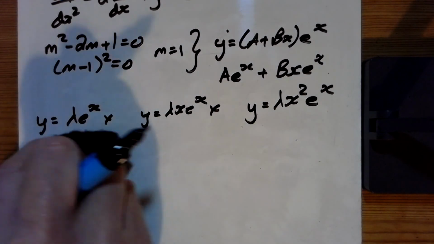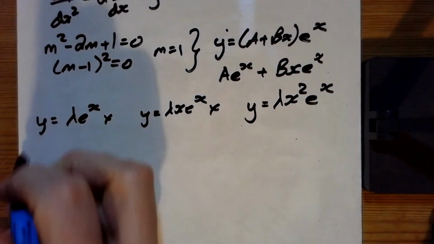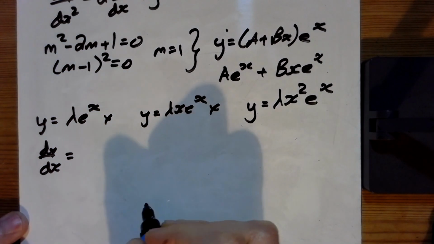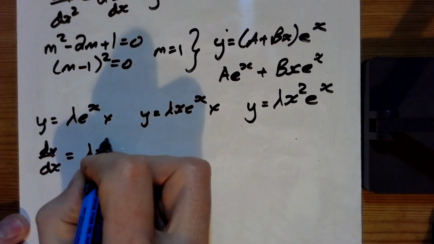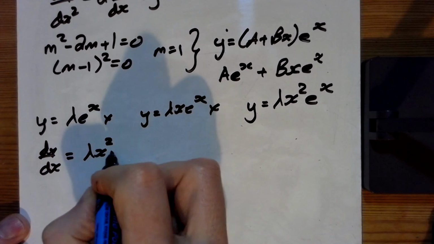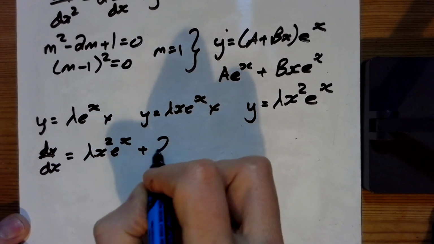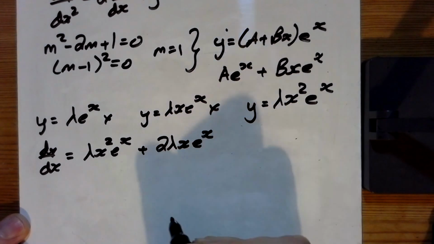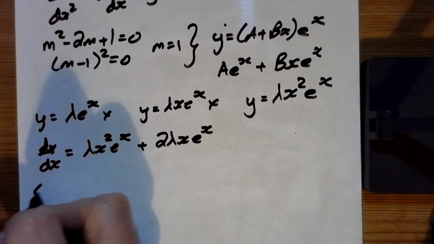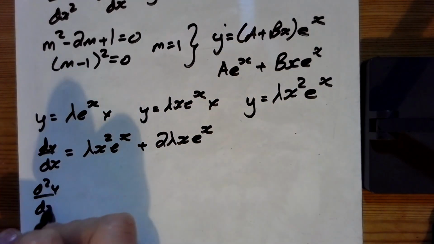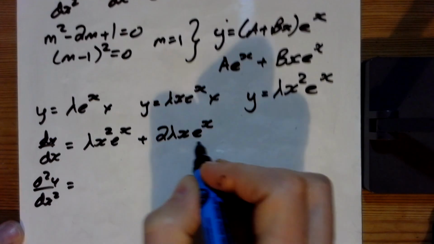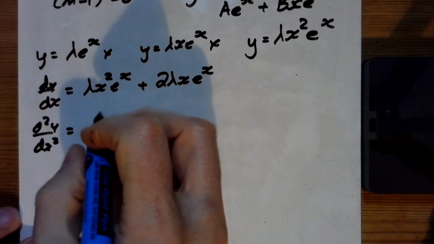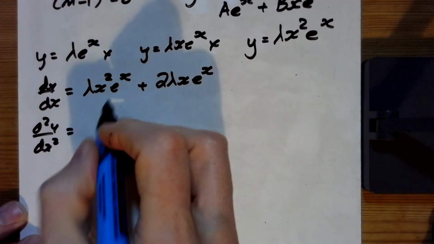So differentiating lambda x squared e to the x, so dy by dx here, that's going to be a product rule of lambda x squared e to the x plus 2 lambda x e to the x, and differentiating again, should we do it? I mean, sometimes I'd actually just factorize that out as an e to the x, but we'll do it again. So that's what we just did, isn't it?